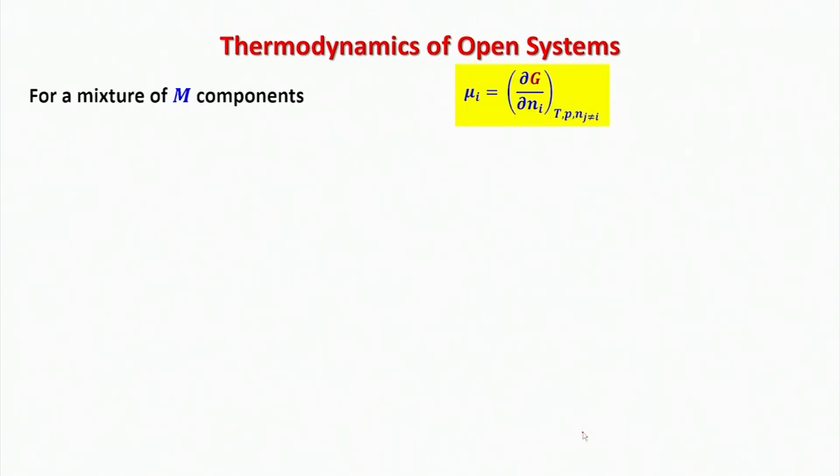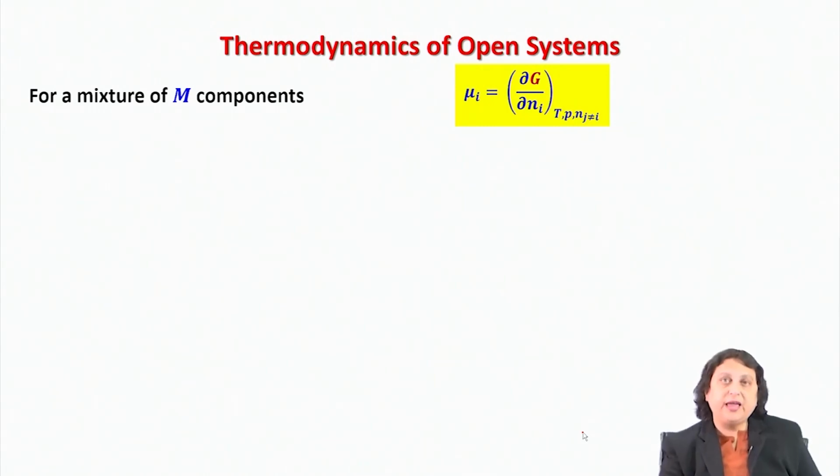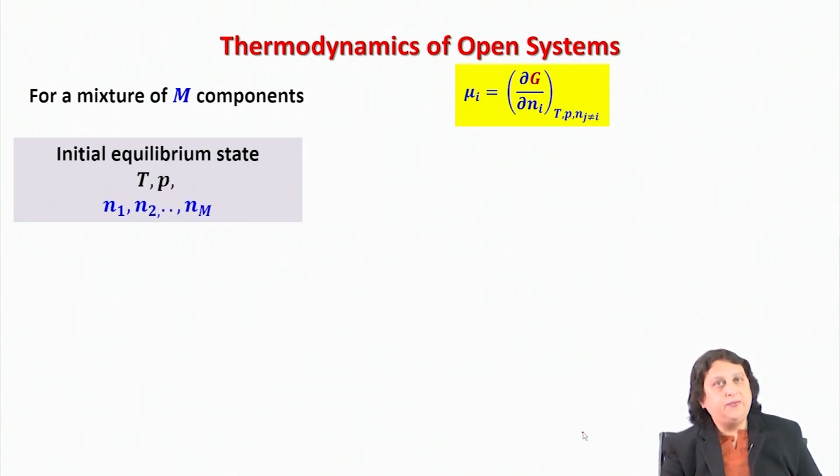So let us move ahead and think about a mixture of M components where I know the definition of mu i. If I have an initial equilibrium state when the system is present at a temperature T, pressure P, and N1, N2, etc. are the number of moles of the component of type 1, 2, and so on.